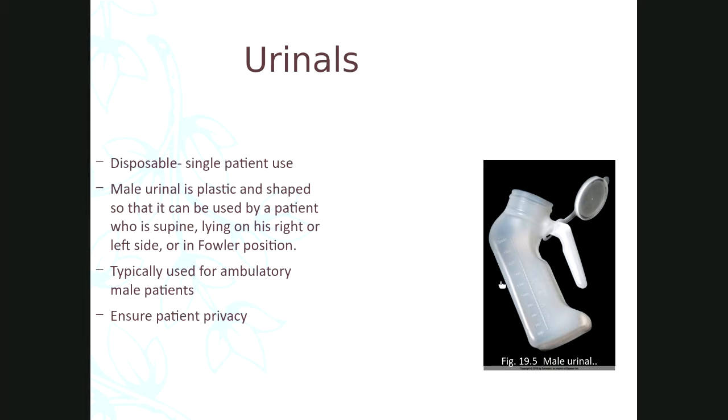Even if you don't intend to help them, I would still have gloves on when you hand it to them. And then when they're finished, you can keep those same gloves on and dispose of the urine. Again, make sure that if it's being done for output, if they're measuring output, make sure you know how much was in there before you dump the contents.